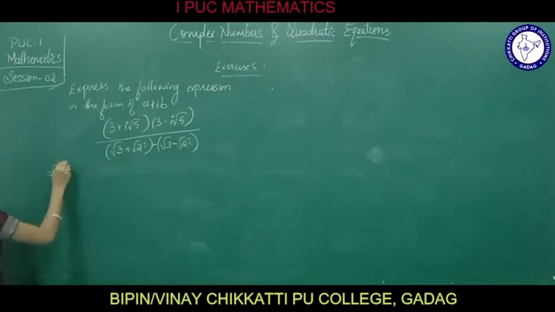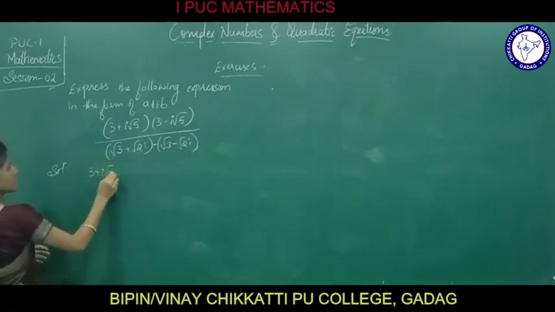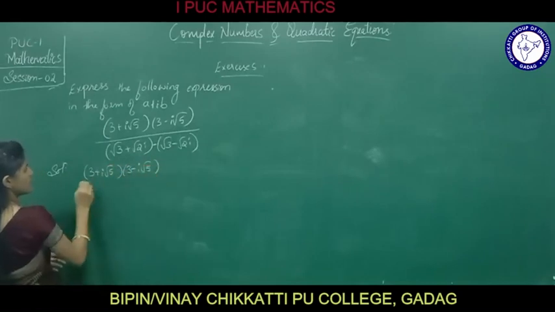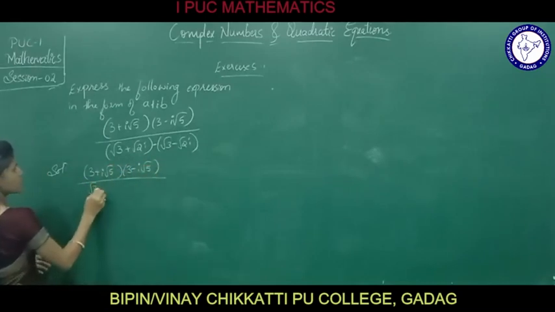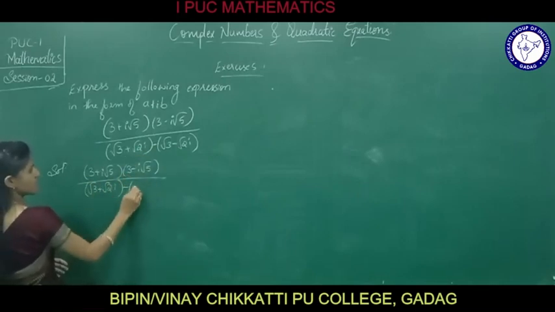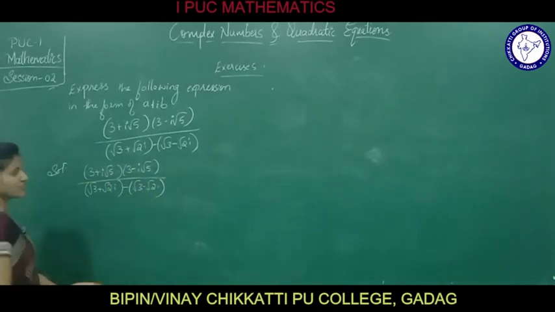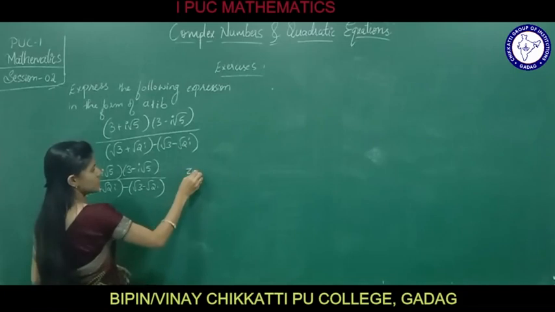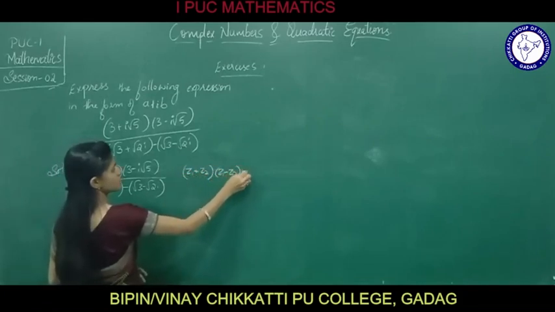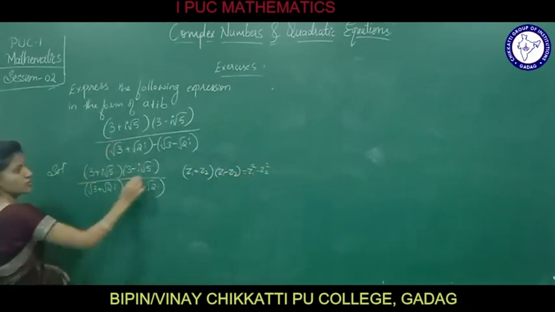It is 3 plus i root 5 into 3 minus i root 5 divided by root 3 plus root 2i into root 3 minus root 2i. See, we have the identity for complex numbers that z1 plus z2 into z1 minus z2 is z1 square minus z2 square, right? The same way we are going to use it.